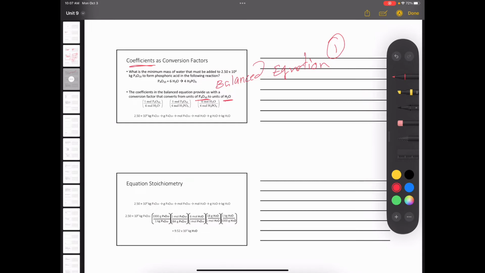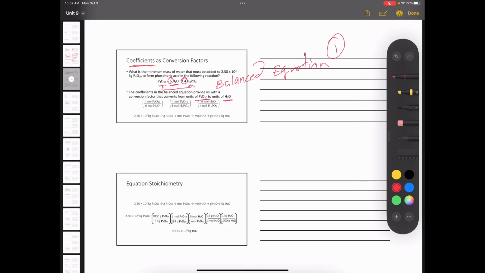So using the stoichiometric technique, I can establish a relation between the phosphorus oxide and water using the coefficient of 6. And I can also establish a relation between the phosphorus oxide and the phosphoric acid using the factor of 4.